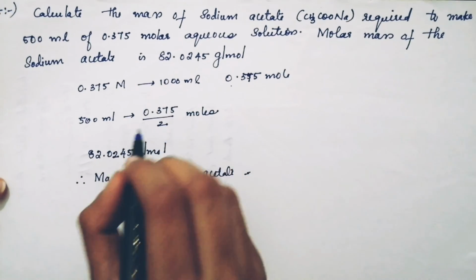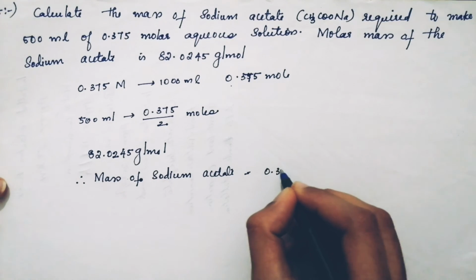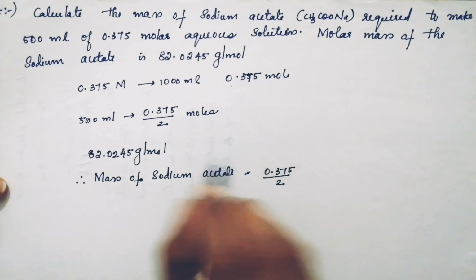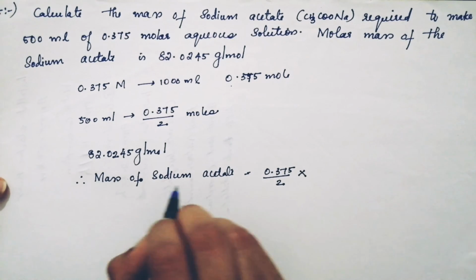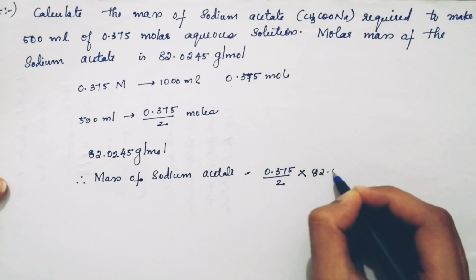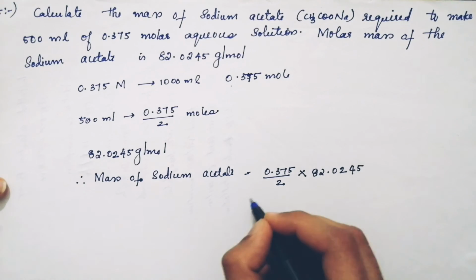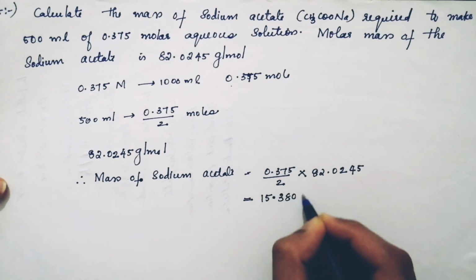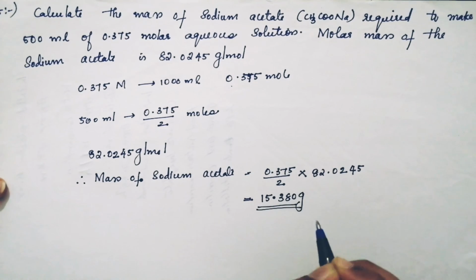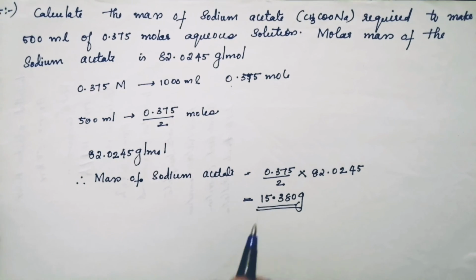Here the number of moles of sodium acetate will be 0.375 divided by 2 for 500 ml of solution. We multiply it with the molar mass of sodium acetate, that is 82.0245. Hence, we get the answer as 15.380 gram. This is the amount of sodium acetate required in 500 ml of solution.